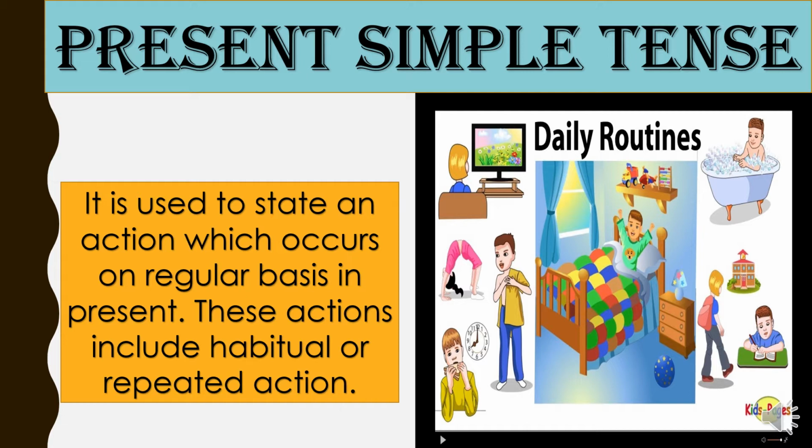It means whatever you do repeatedly. For example, you eat regularly, you come to school regularly, so you eat, you play, you watch, you read, you write, you learn. Whatever things you do on a regular basis come in present simple tense. Right, my dear students?